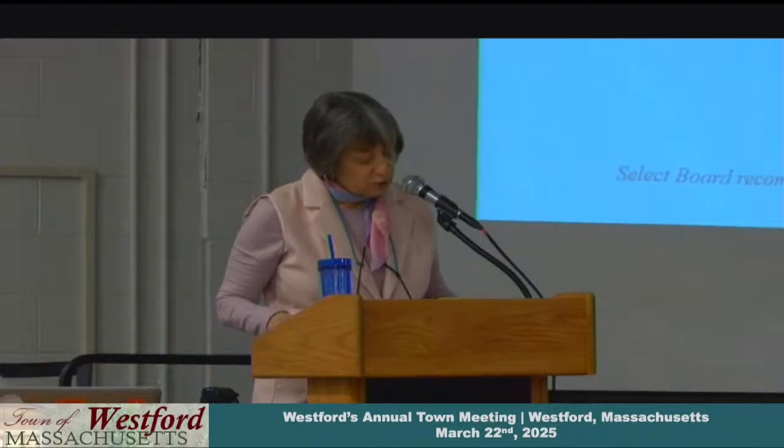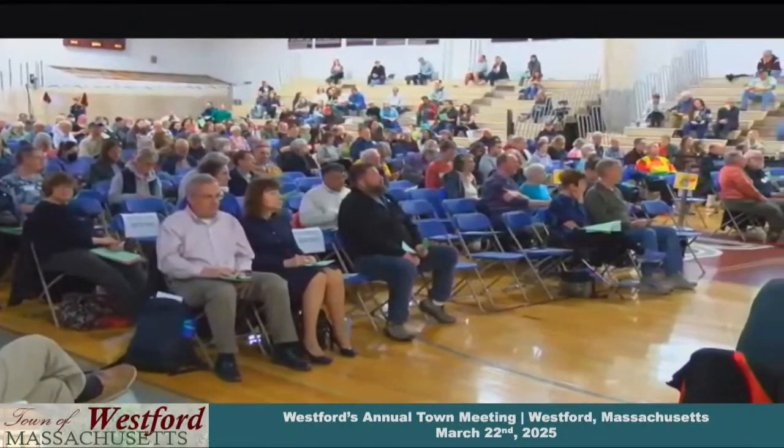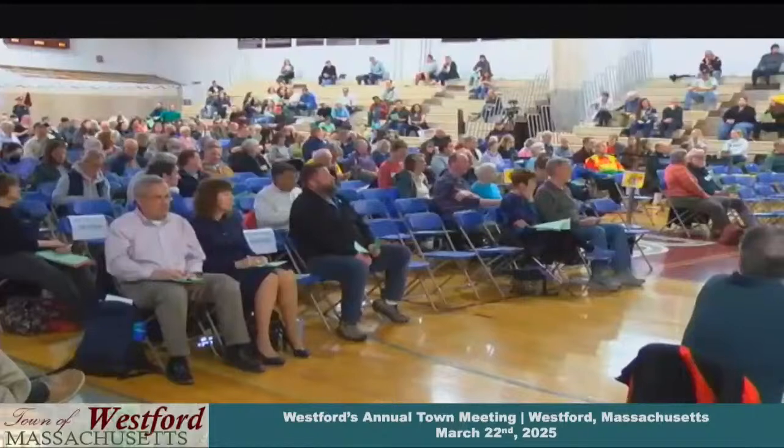Article 20 is a motion that the town amend Chapter 150 of the town's general bylaws, the Stretch Energy Code, by deleting that chapter in its entirety and replacing it with a new Chapter 150 of the Specialized Energy Code for the purpose of regulating the design and construction of buildings and for the effective use of energy and the reduction of greenhouse gas emissions with an effective date of July 1st, 2026. We're just discussing whether or not to take this out of order. Are there any questions or comments on the motion to take this article out of order?